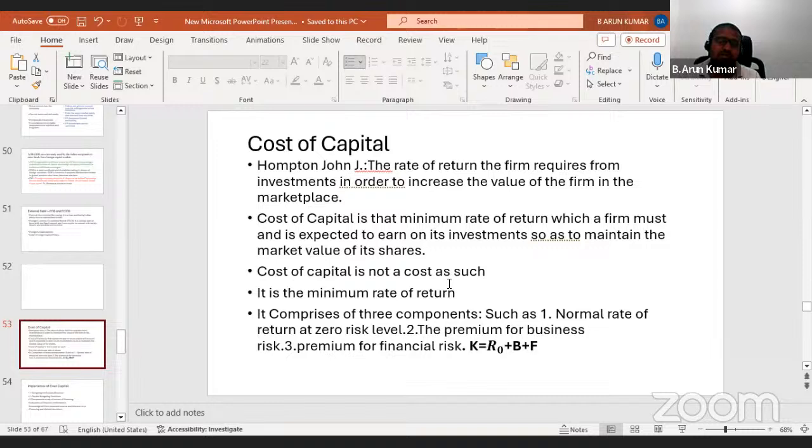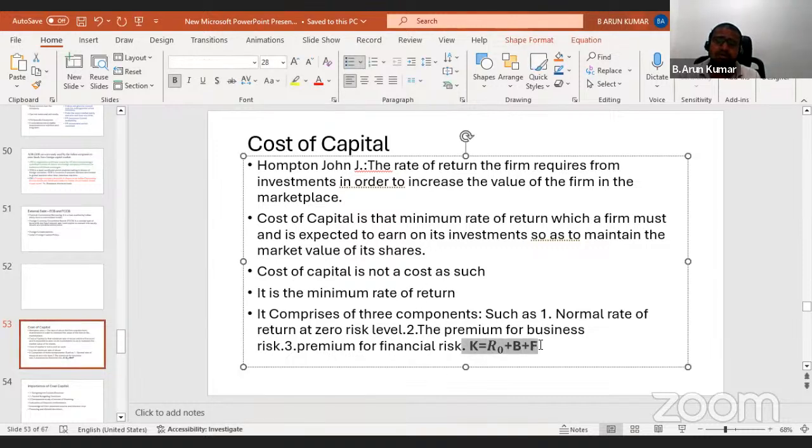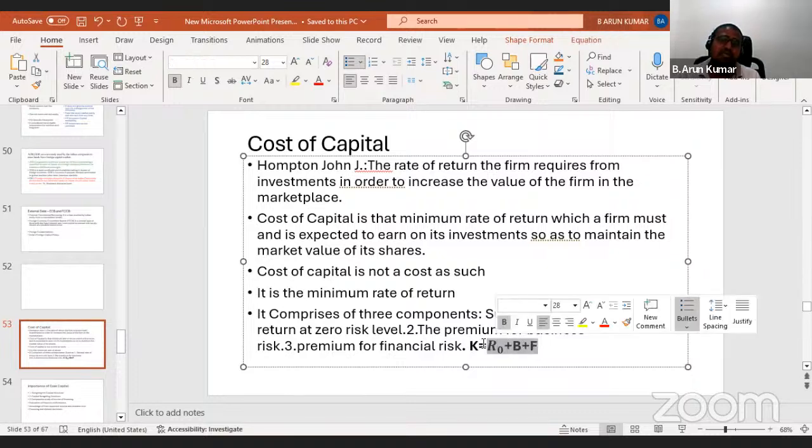So these are the main three things. In the formula, Ro means the risk-free rate of return, B means business risk, and F means finance risk. Based on these three things, we get the cost of capital K.